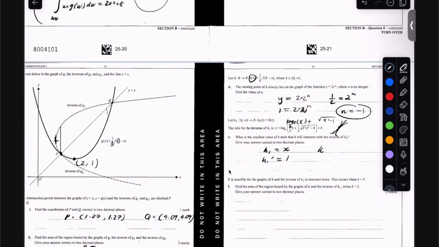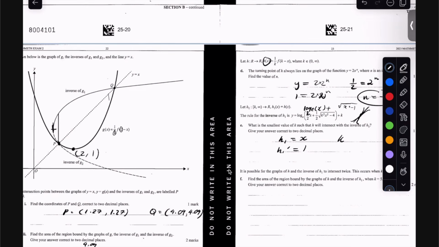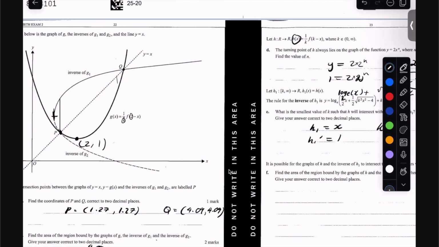Now that was this graph here. h1 is the inverse of this graph, so that's g1 inverse, and it's from 2 to infinity. So 2 to infinity, that was probably, which value? Is that g2 or g1?